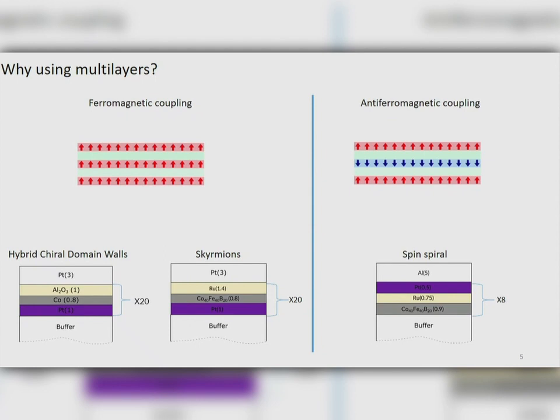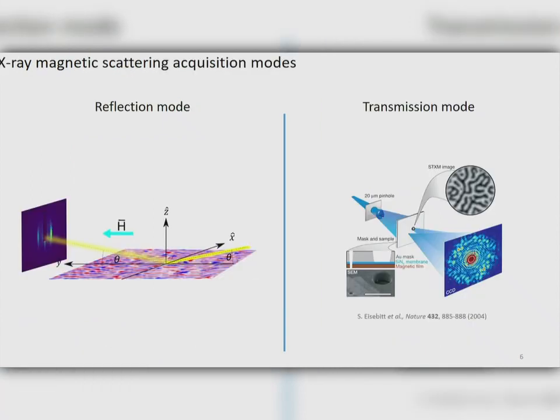But we can also engineer antiferromagnetic couplings, called synthetic antiferromagnets, and in this case we can have a spin spiral. I will also show you two types of modes. The first part of my talk will be about a reflection mode, which won't give you an image straight away, but will give you information about the 3D structures of the magnetics that we are seeing.